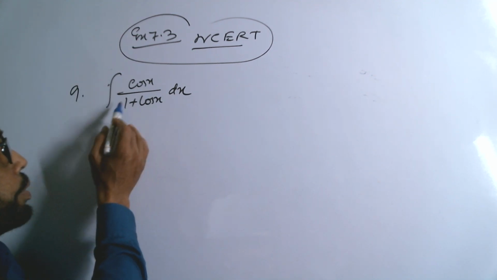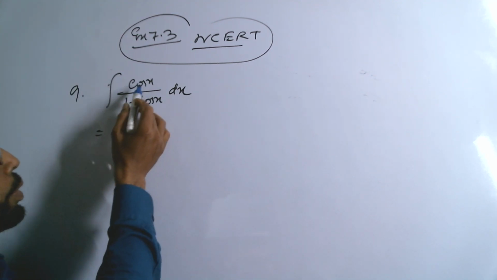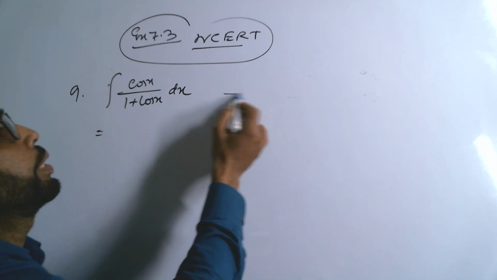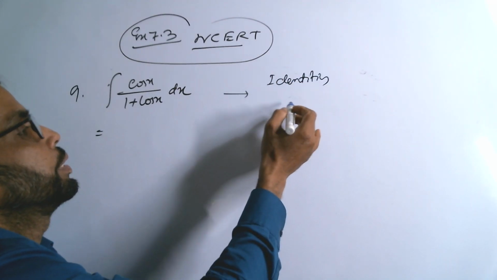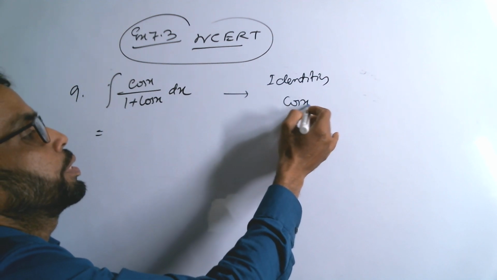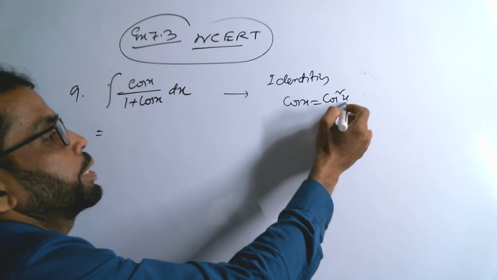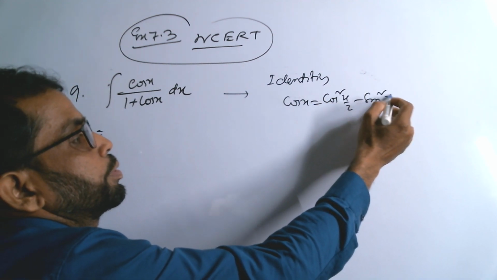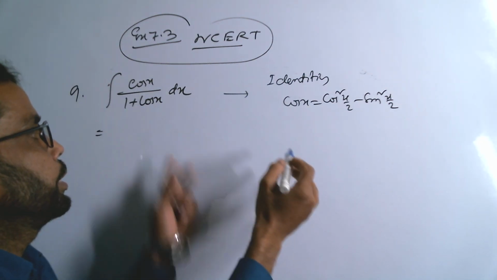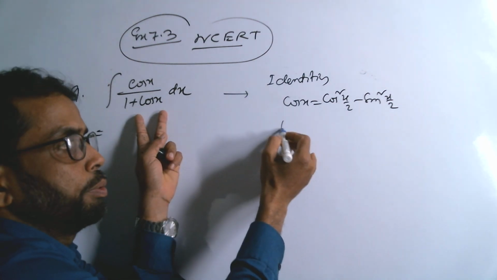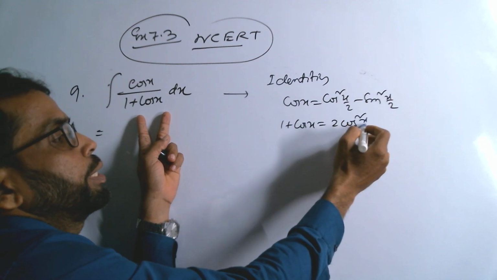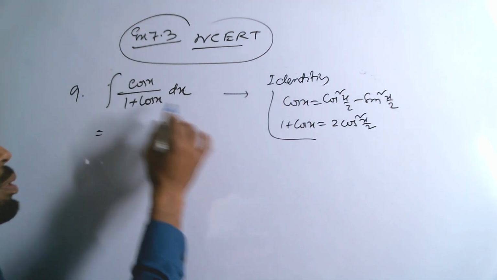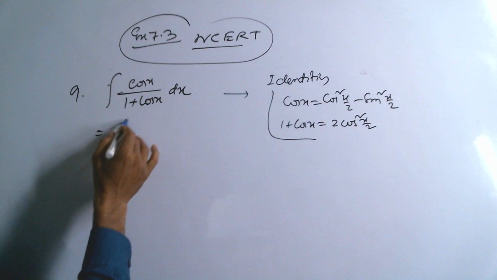The next question is the integral of cos x by 1 plus cos x. So here we have to use identities. The identity: cos x is cos square x by 2 minus sin square x by 2. This is one identity. And for 1 plus cos x we have to use 2 cos square x by 2. These are the identities we have to use for this question.